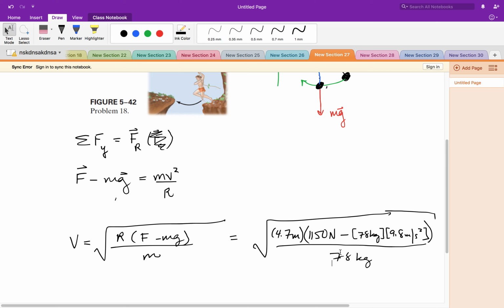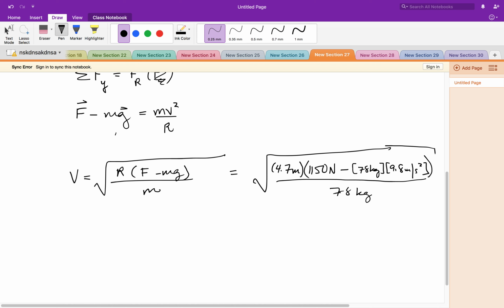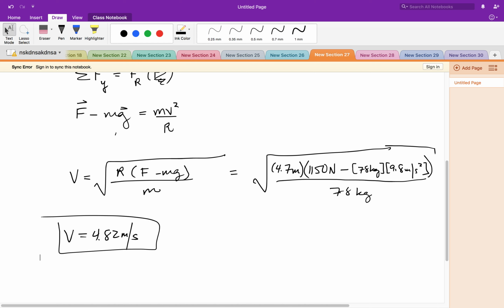Let me plug this into my calculator. 1150 minus 78 times 9.8, times 4.7, divided by 78 again, square root of that number, and I get 4.82 meters per second. So that's the max velocity given the force that he can tolerate.